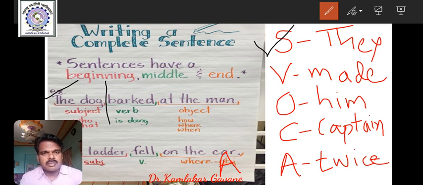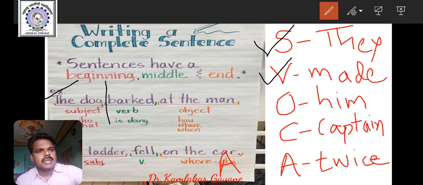You may construct a simple, compound, complex, assertive, negative, interrogative, imperative, or exclamatory sentence. In all kinds of sentences, the V element, verb, is very important. What is a verb? Action denoting word. An action denoting word in a sentence is called a verb.